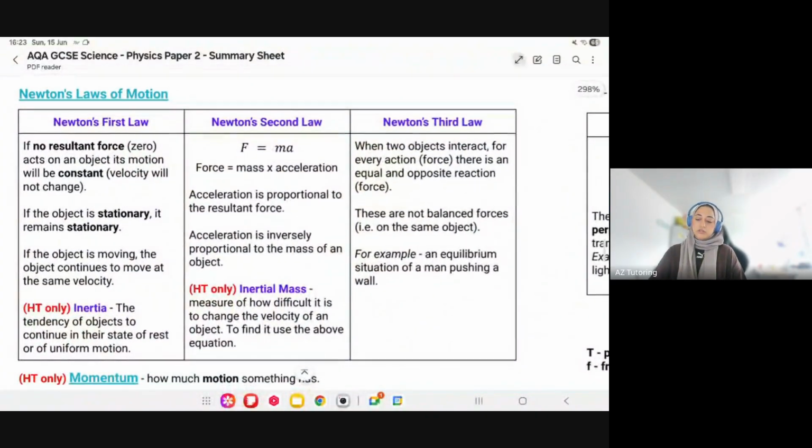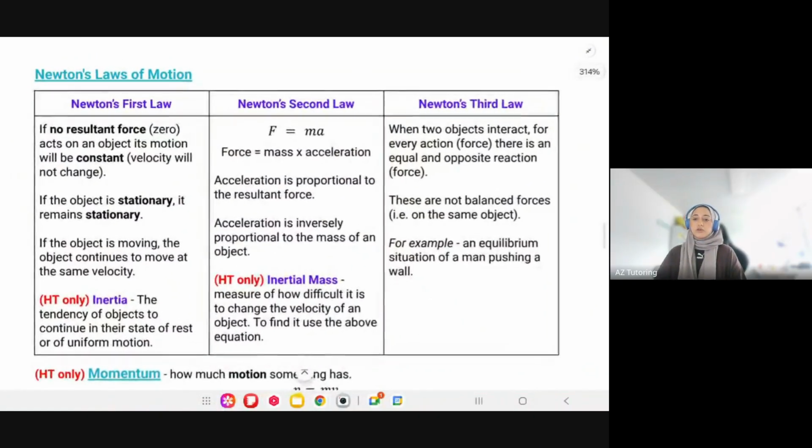So Newton's laws of motion. The first law is talking about the resultant force being 0. If the resultant force is 0 and the object is stationary, so remember stationary means still, then the object will stay stationary. If the resultant force is 0, but your object is moving at constant speed, it will stay at constant speed because there's no resultant force.